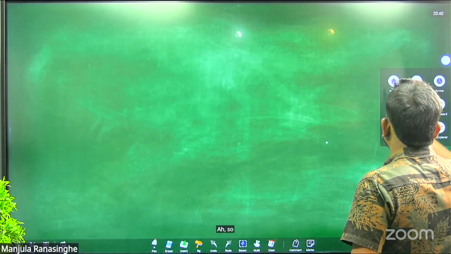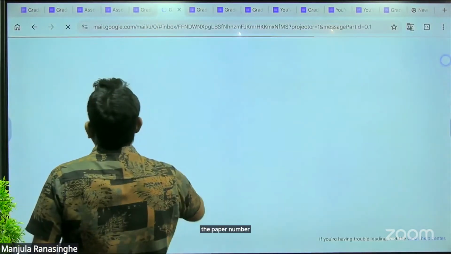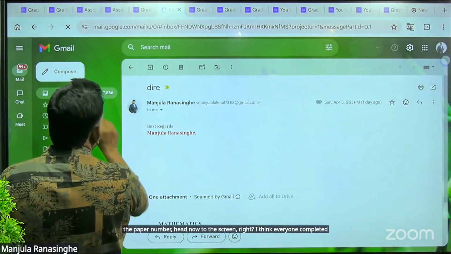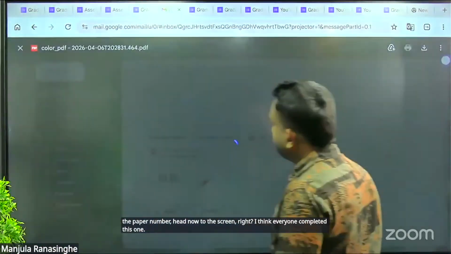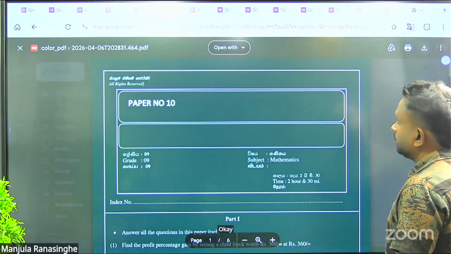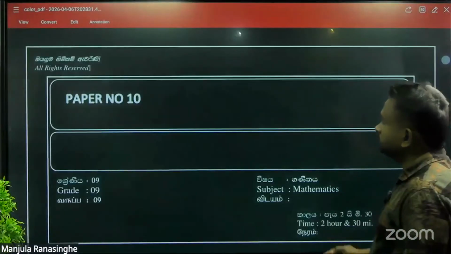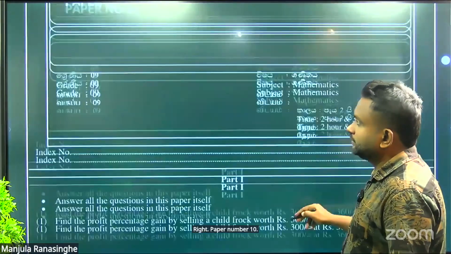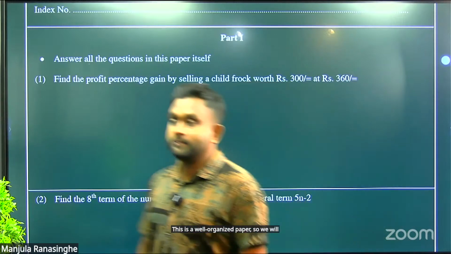You can see paper number 10 on the screen now. I think everyone completed this one. This is a well-organized paper, so we will deal with the questions one by one.